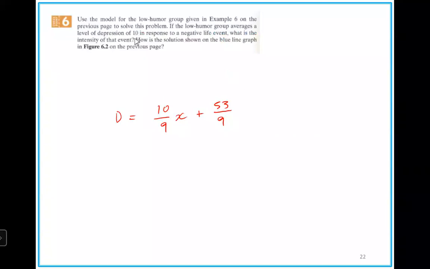So basically you're going to put the 10 in place of D, because D represents the level of depression, giving 10 equals 10 over 9 x plus 53 over 9. We need to now solve for x, but we have fractions here. So what's the common denominator we're using?